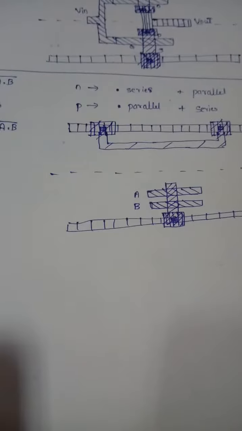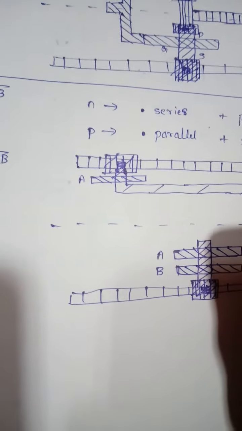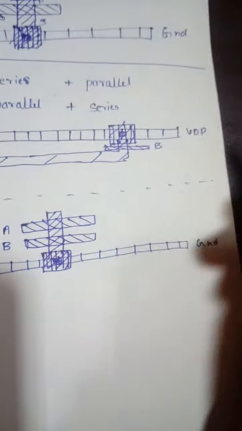So here we have to design two transistors. So at this point we'll make use of a polysilicon layer, and I'll name it as transistor A, and here I'll make use of one more polysilicon layer and I'll name it as transistor B.